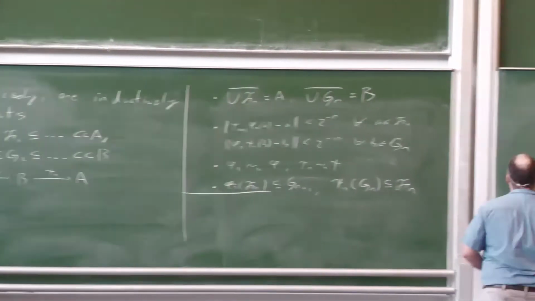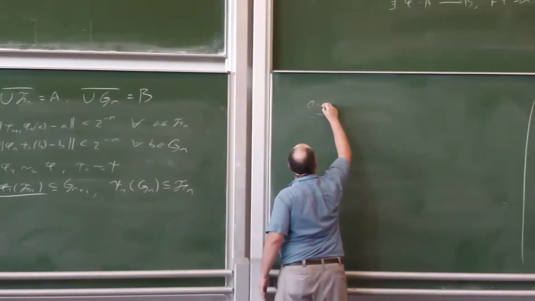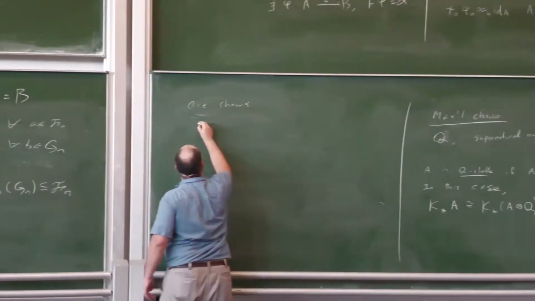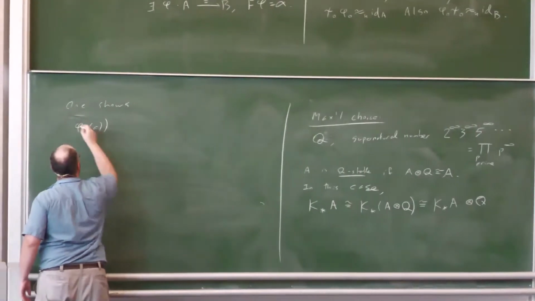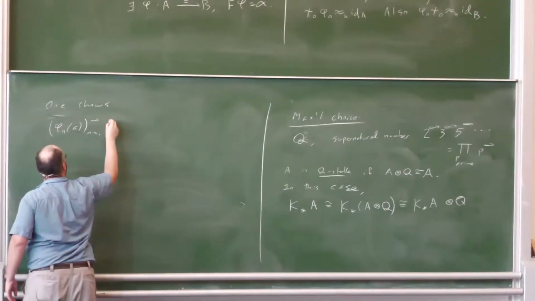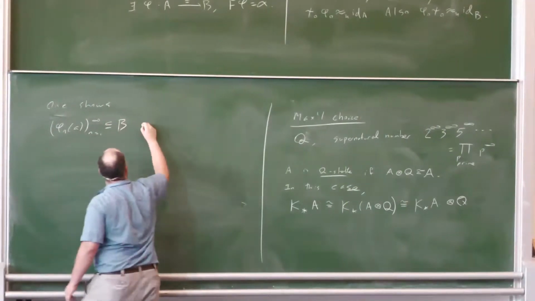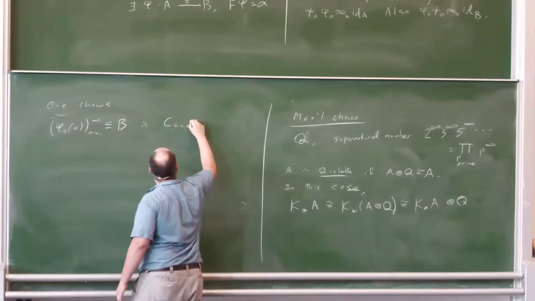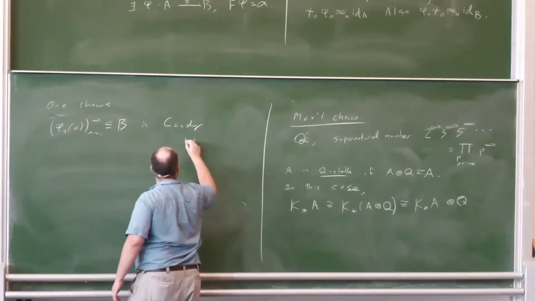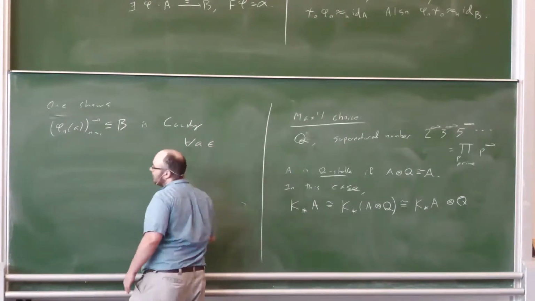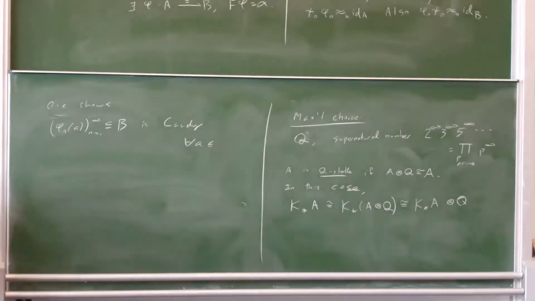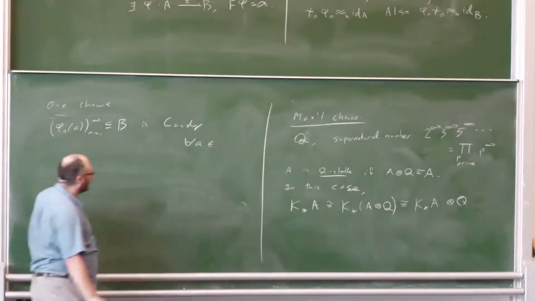So one shows that phi n of a, n equals 1 to infinity, that sequence in B is Cauchy for all a. And well, at the first step, you fix one of your finite sets, show it on that finite set.